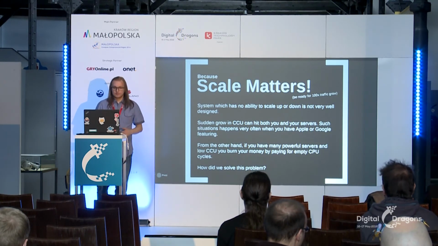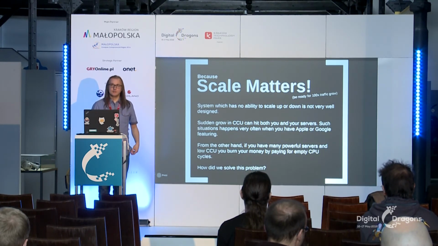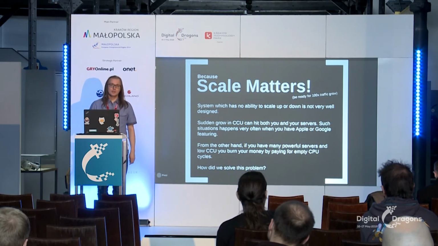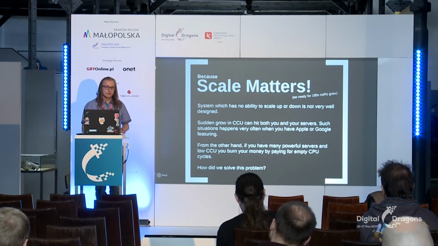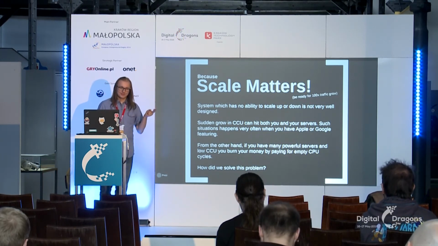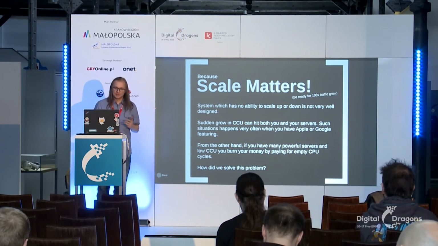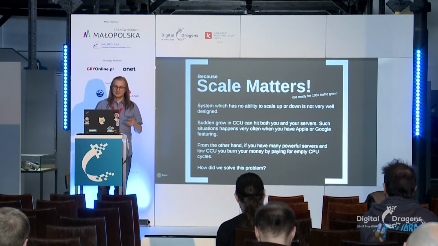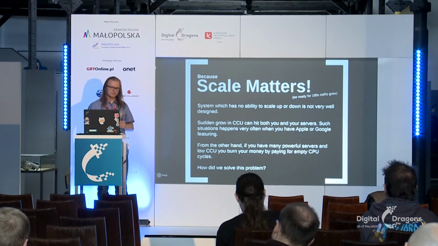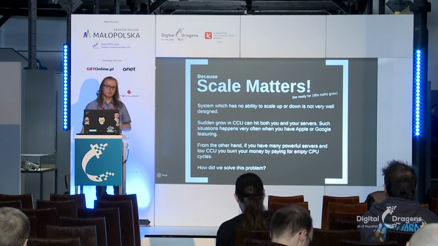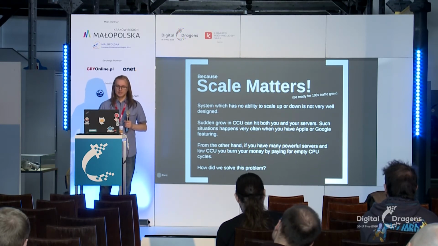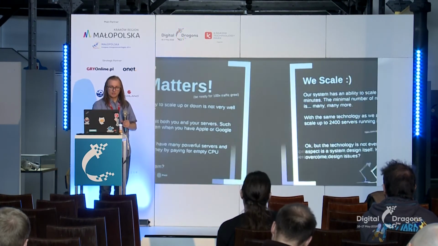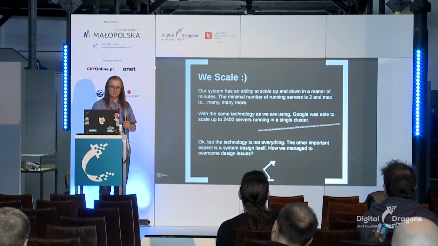When CPU is, for example, at a level of 80%, it will automatically create a new server. So there will be two servers, and if those two are fully utilized, it will create a third and a fourth, and so on. And when the traffic is lower, it will shut down one server, then another, and finally keep only two.